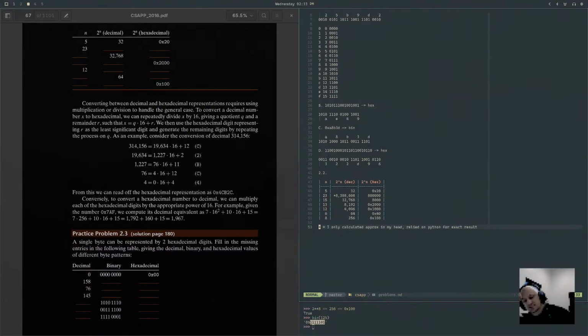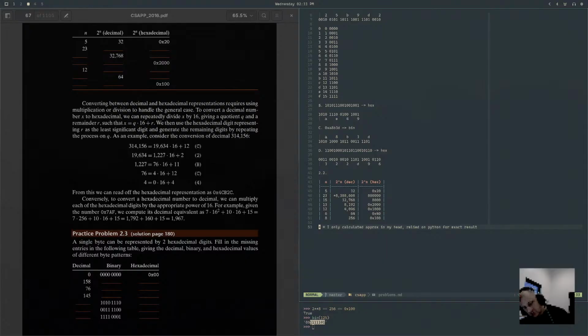Converting between decimal and hexadecimal representations requires using multiplication or division to handle the general case. To convert a decimal number x to hexadecimal, we can repeatedly divide x by 16, giving a quotient q and the remainder r, such that x is equal to quotient times 16 plus r.